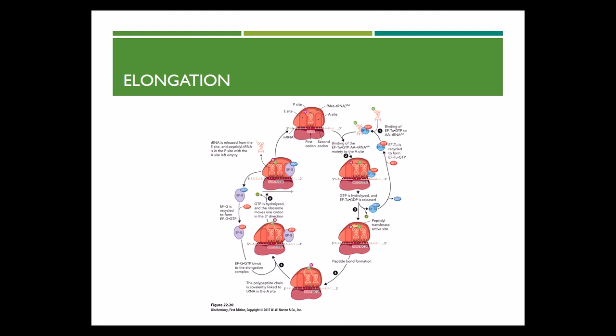Upon the peptide bond formation, the growing peptide chain is in the P site of the 50S subunit, while attached to the transfer RNA in the A site. The transfer RNA in the P site of the 30S subunit is uncharged, meaning it's lost the amino acid.